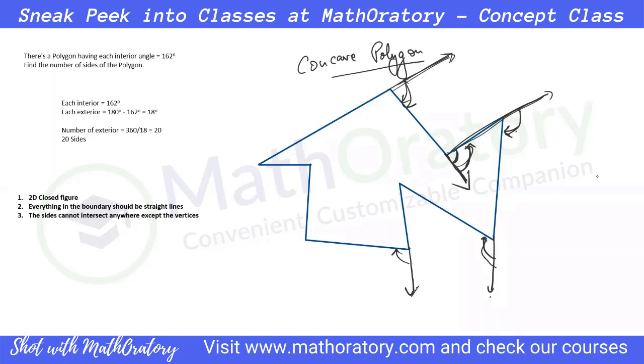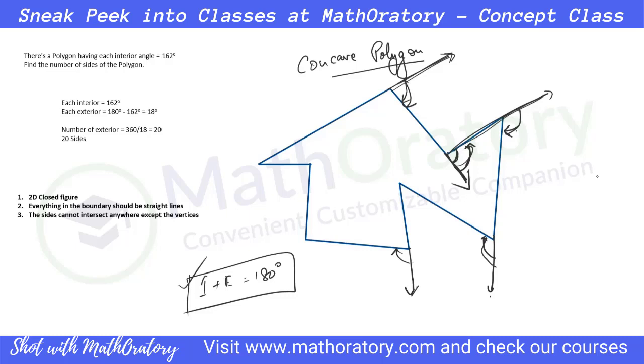So in this case, what you're going to understand is that whenever the interior angle is more than 180, the basic idea is, in order to justify interior plus exterior equal to 180 degrees, and because the exterior is inside the polygon, we should consider the exterior as negative. But this will always hold true, even in the case of concave polygons, as I said.